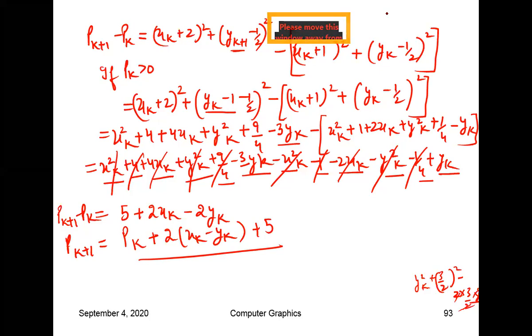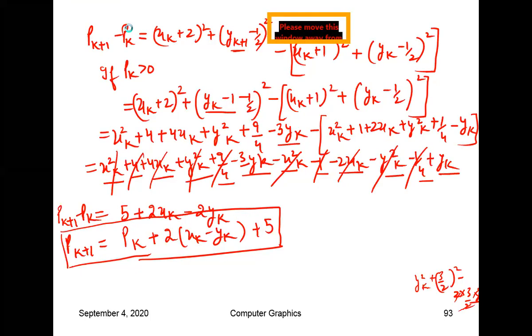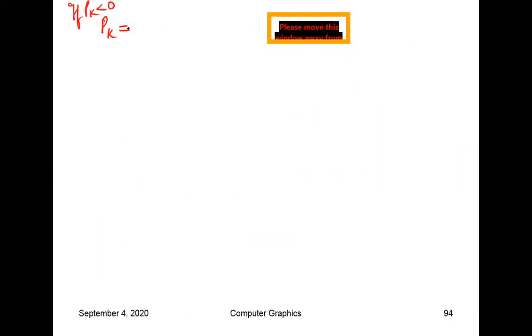Okay, thank you. Now we have these two equations. So what we get, the first equation is, if pk is less than 0, then pk plus 1 will be equal to pk plus 2xk plus 3.